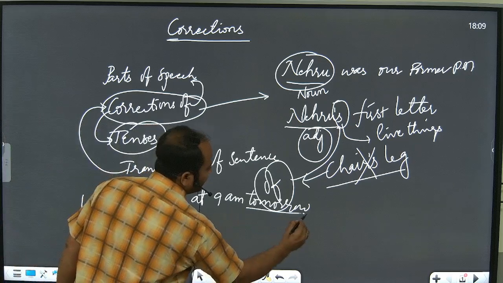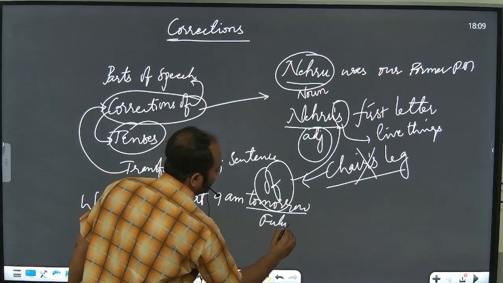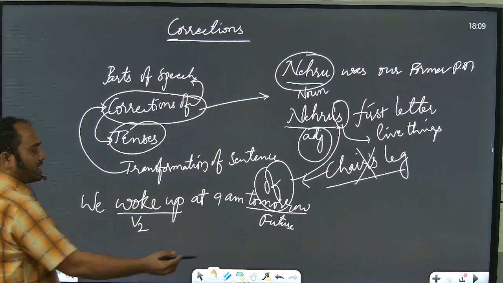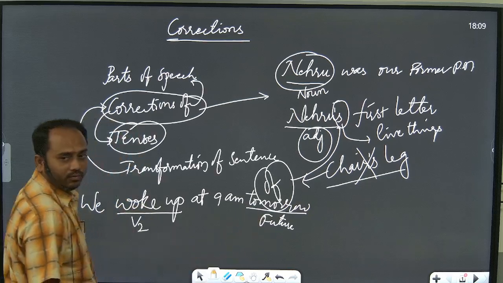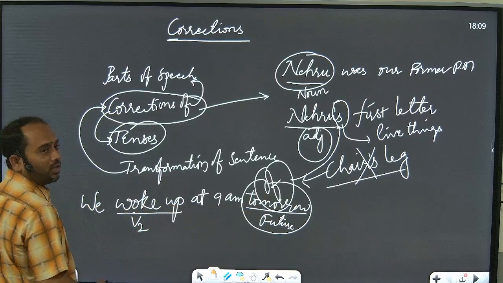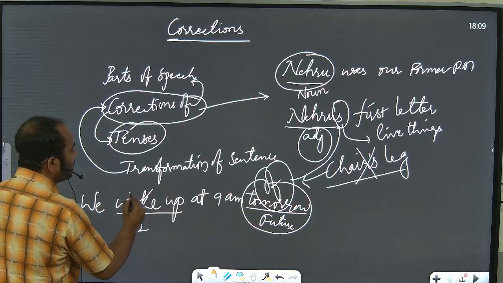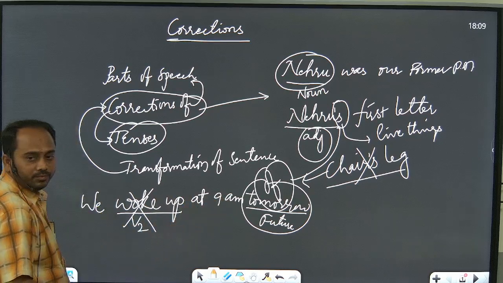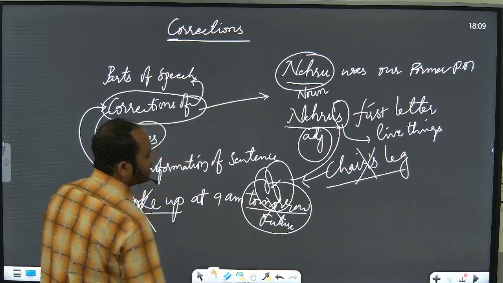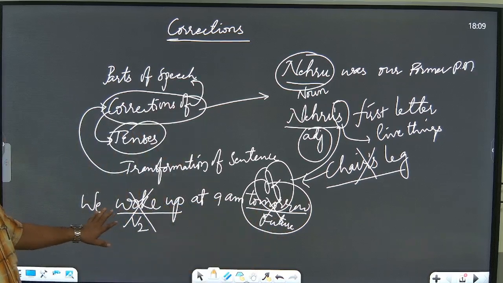But here tomorrow indicates the future. So the combination of past and future will be wrong. As we discussed in tenses, the adverb of time word is very important. So as per this combination, this is wrong. Either we should write, we shall wake up at 9 a.m. tomorrow, or we woke up at 9 a.m. today or yesterday. Then the sentence will be correct.